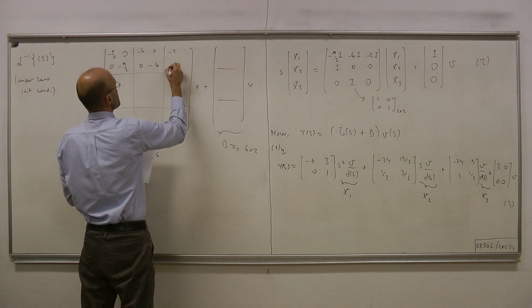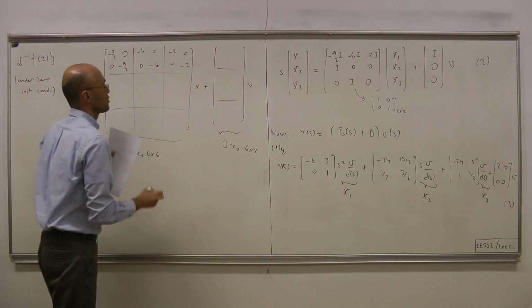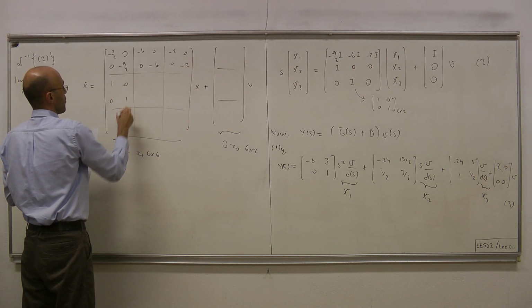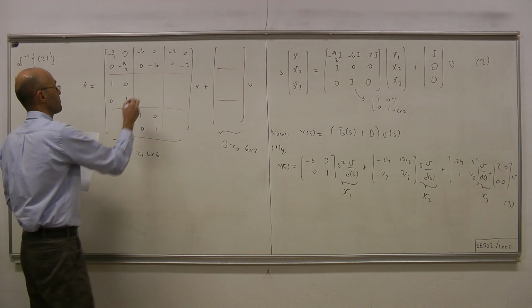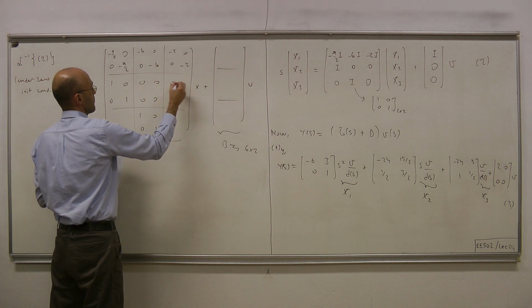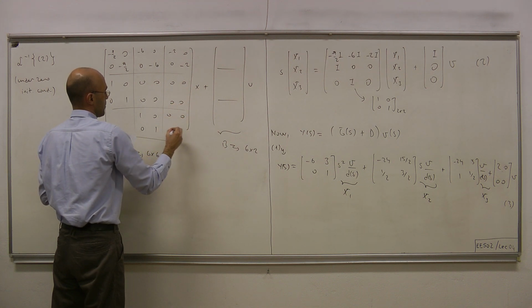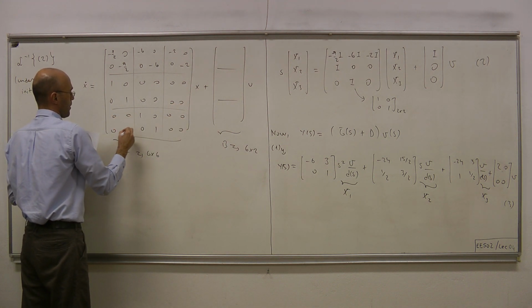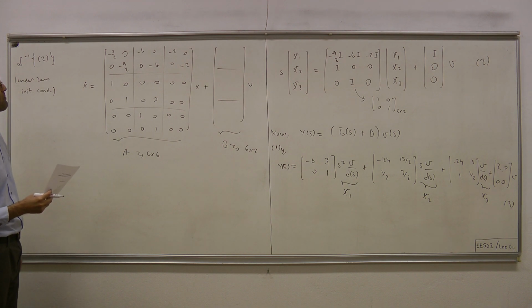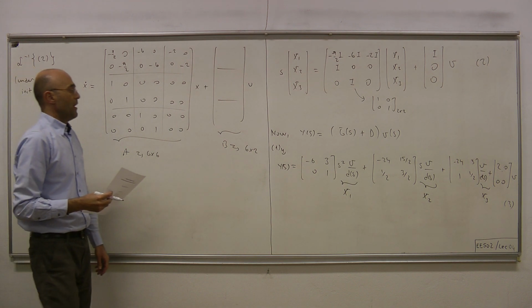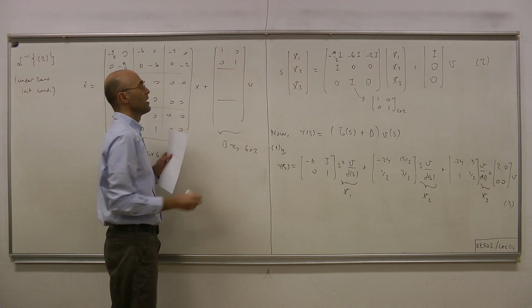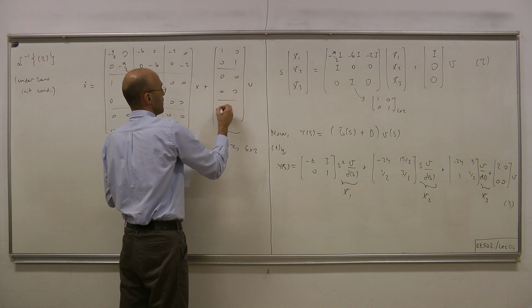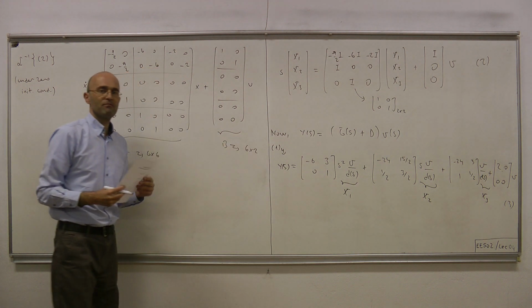Here we have minus 2, 0, 0, minus 2, and so on. 1, 0, 0, 1, 1, 0, 0, 1, and everything else is 0. Okay, 36 entries. Now for B we have 0, 0, 1 identity, and the remaining entries are 0.